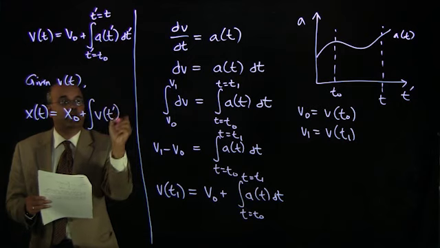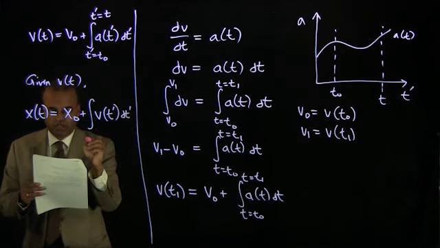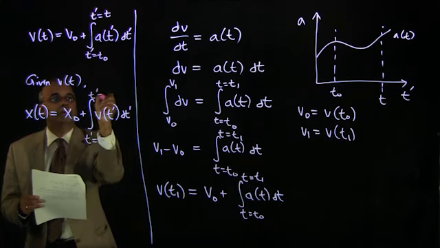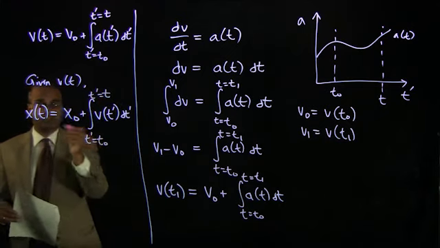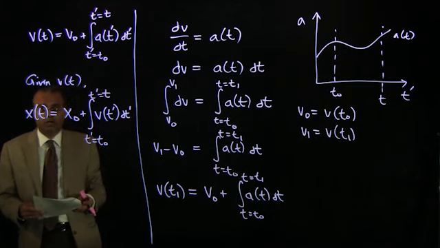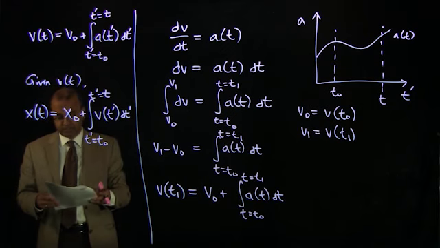I'll write this as v of t prime dt prime going from t prime equals t naught to t prime equals t. So this is exactly analogous to how we computed velocity from acceleration. By integrating a second time, we can go from velocity to position.